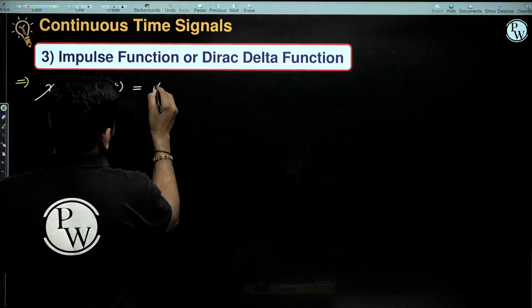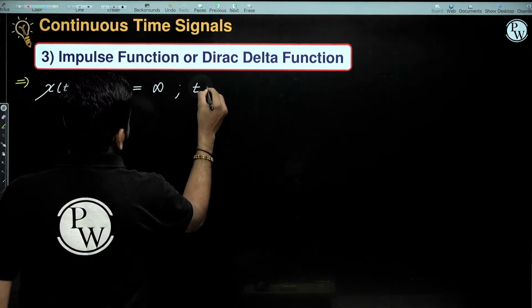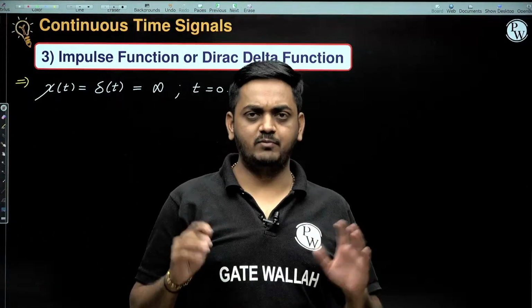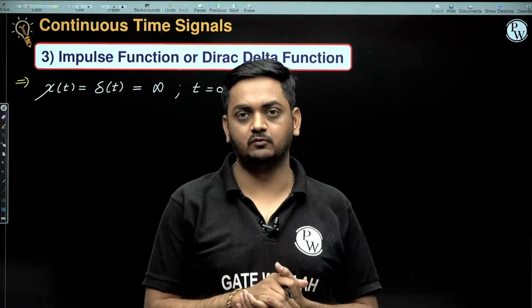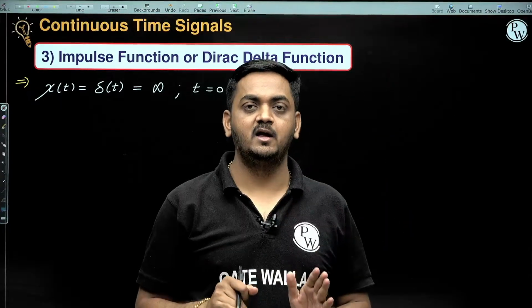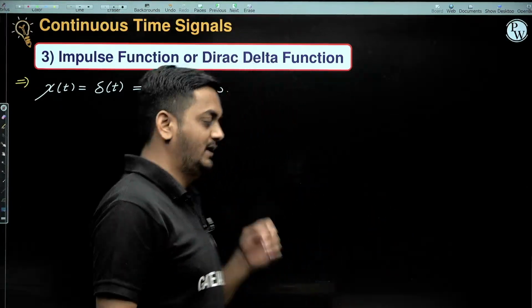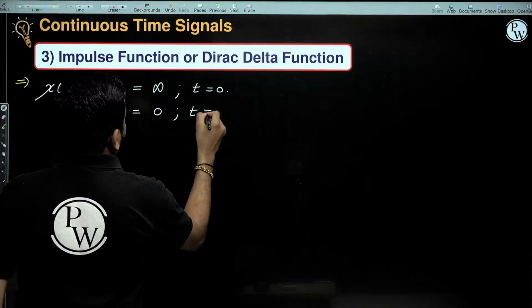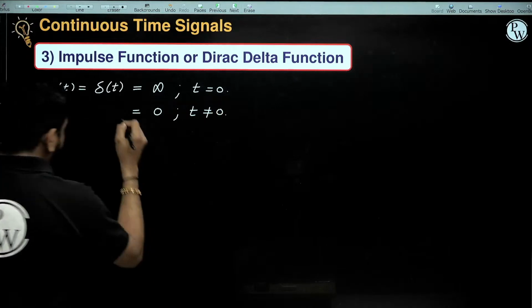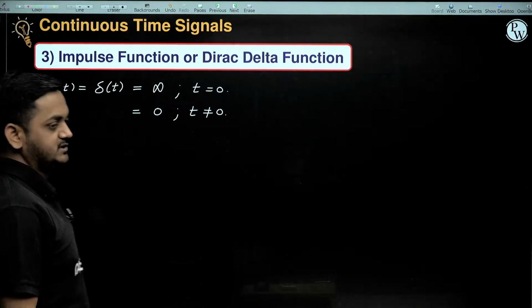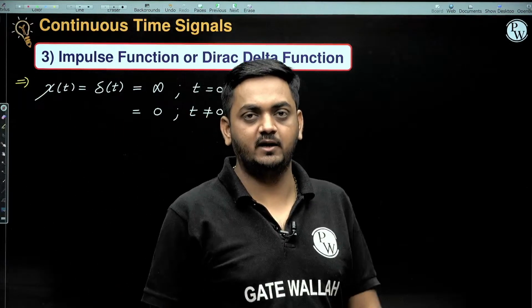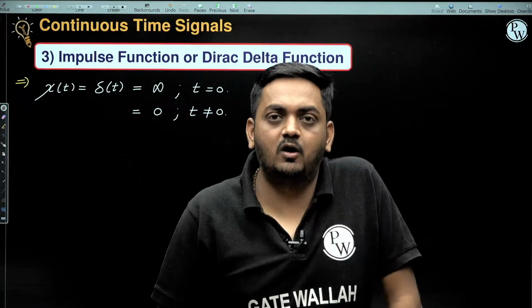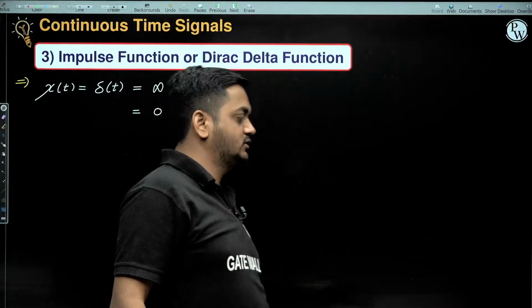Ideally speaking, amplitude is infinite at t equal to 0, or we can say it tends to infinity as t tends to 0, and it is 0 when t is not equal to 0. That means it is defined at t equal to 0 only. A sudden change, like thunderstorm or lightning, or a sudden shock.